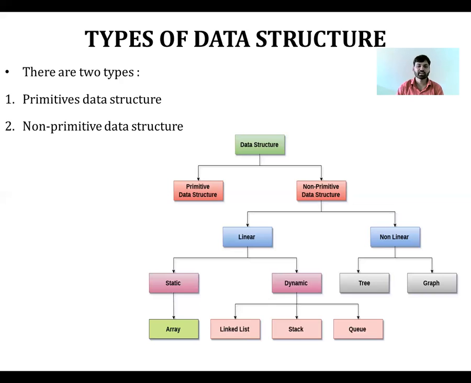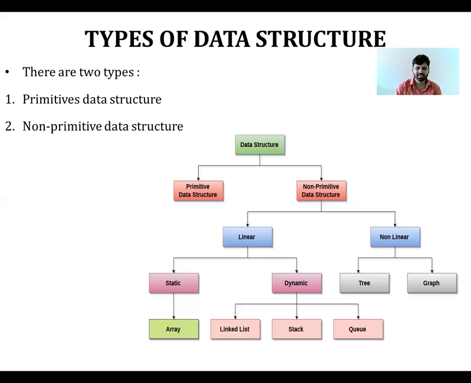In a dynamic data structure, we can change the size of that data structure at runtime, while performing various operations on it. In static the size is fixed, and in dynamic the size can vary while performing the operations, at runtime.